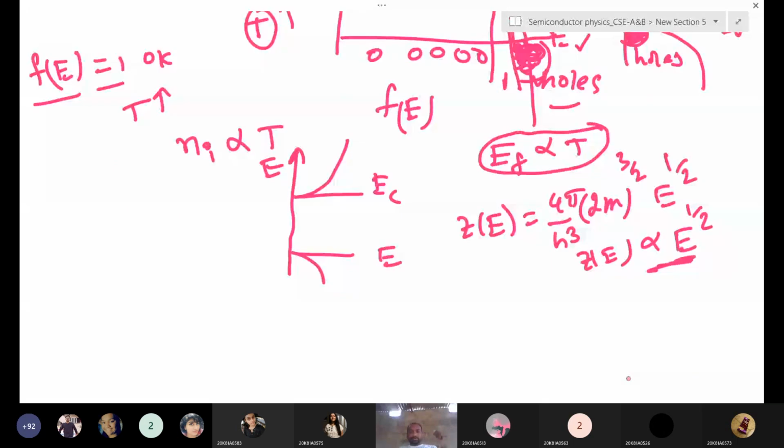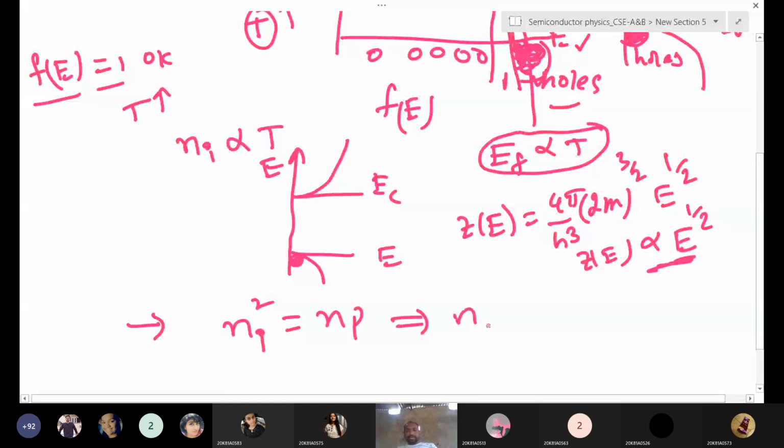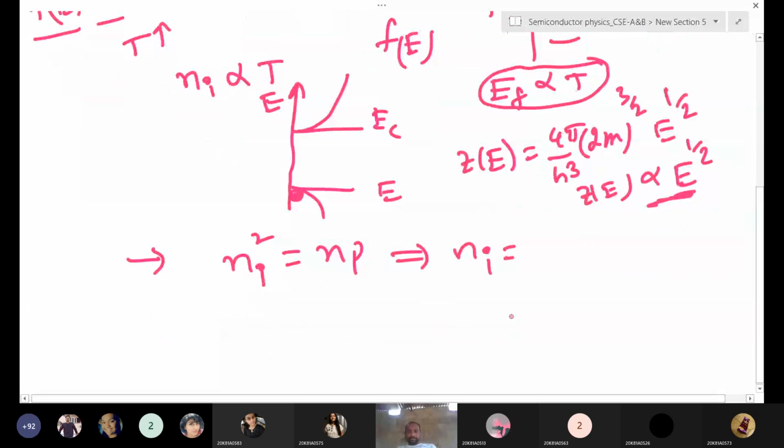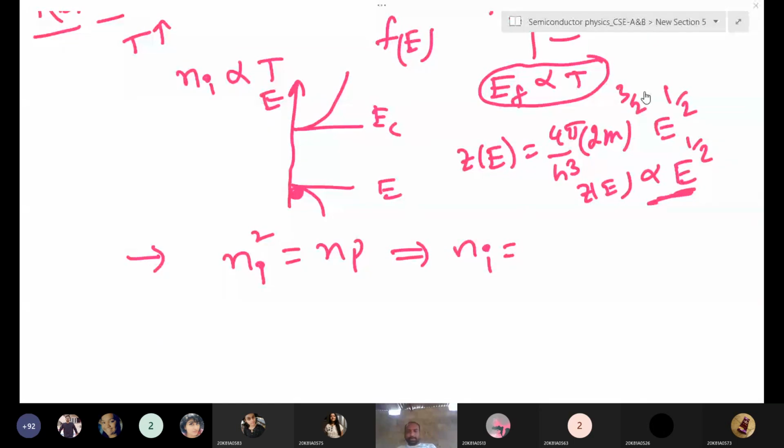Today we have discussed these things. Carrier concentration: Ni square is equal to N into P. From there we have derived the expression for Ni.